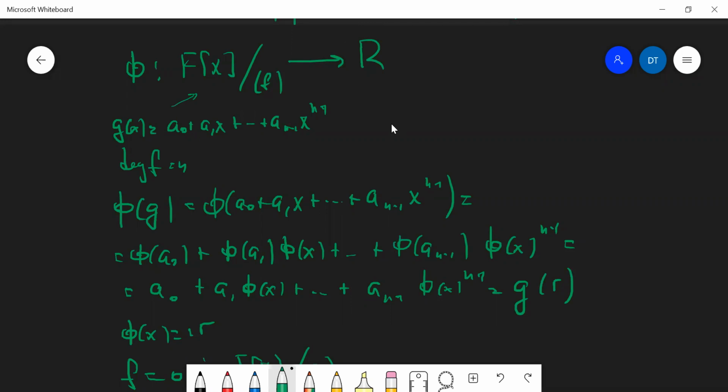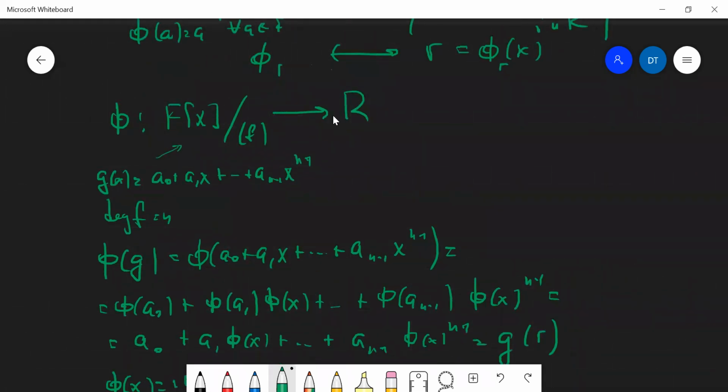Are there any questions regarding this? Is there any specific case when this becomes an isomorphism? Well, yes. It may happen that this map is an isomorphism, but in order to be an isomorphism, you need to check that it's surjective and injective. If you want to check that it's an isomorphism, you simply check these two properties, surjectivity and injectivity.